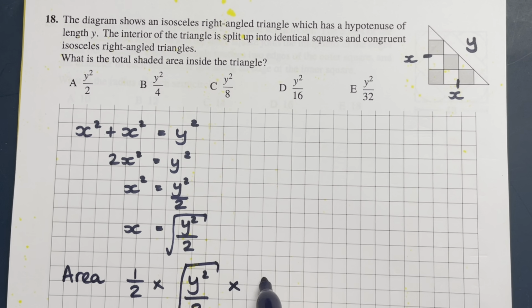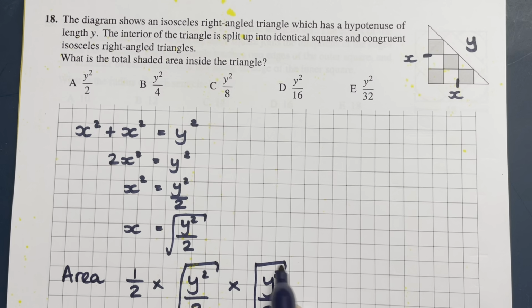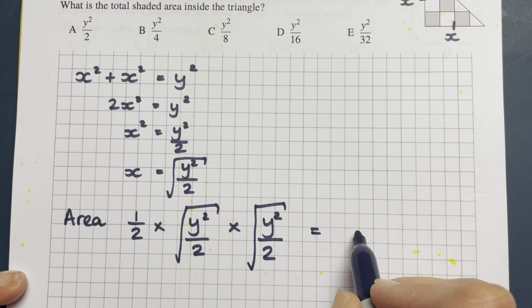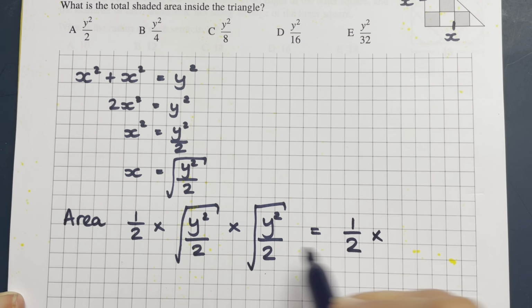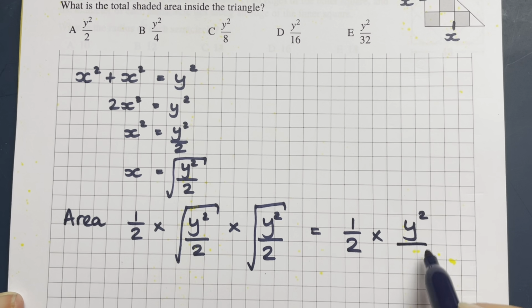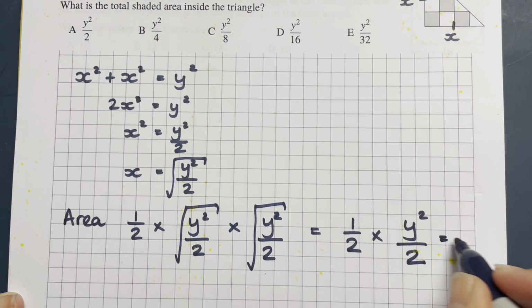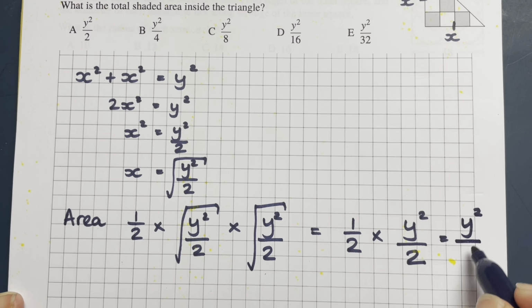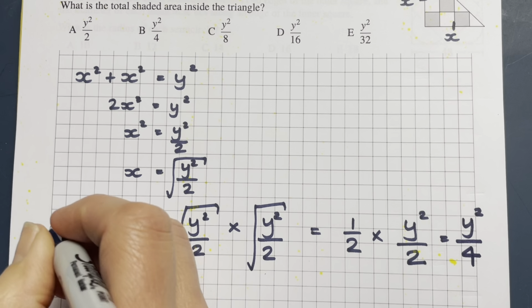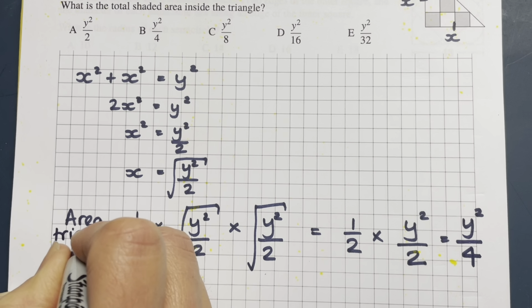I'm sure you can fast forward that and recognise that the square root of that multiplied by the square root of that is just going to give me 1/2 multiplied by y squared over 2. So that's going to give me y squared over 4. So that is the area of the triangle.